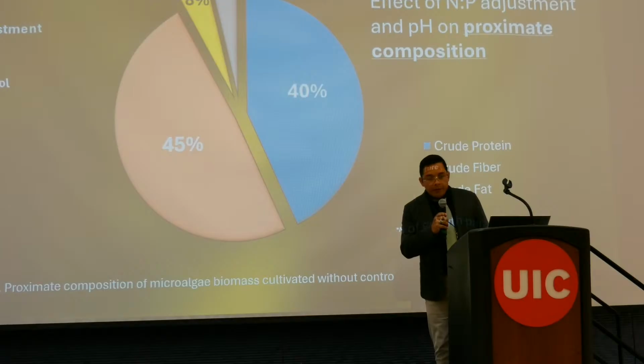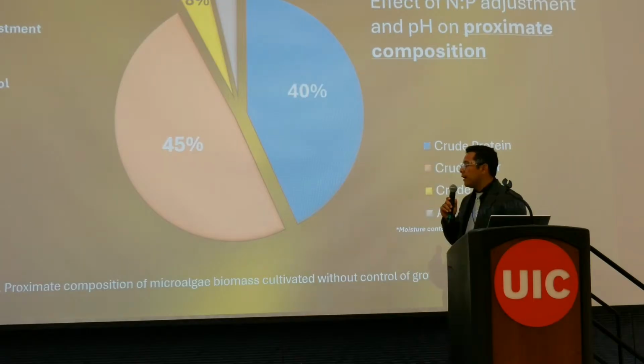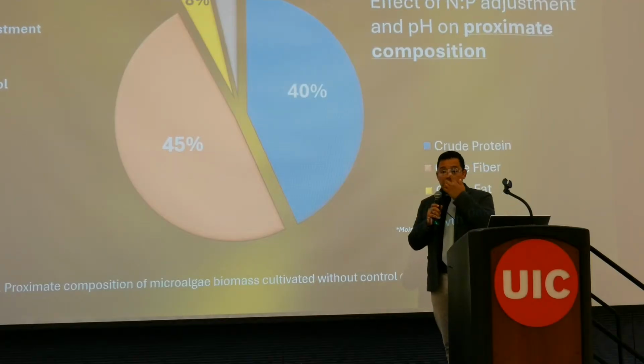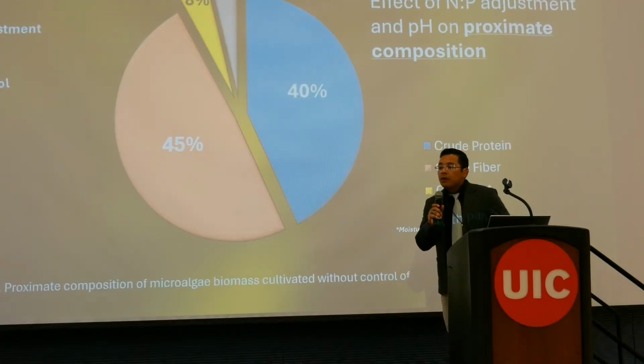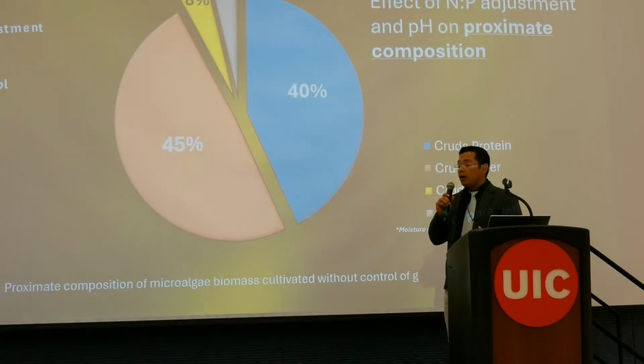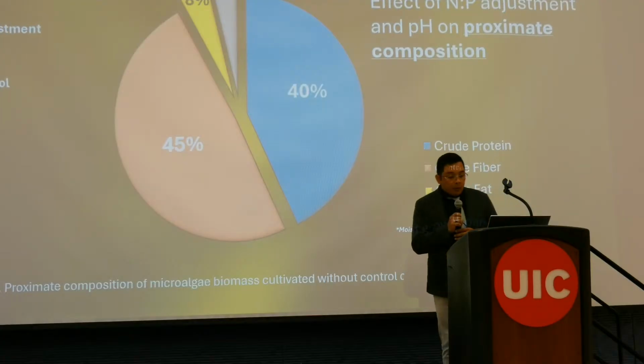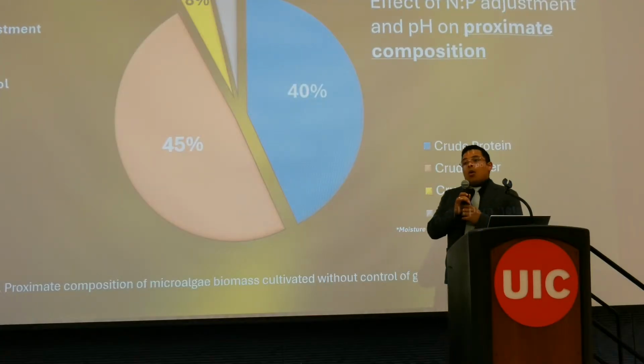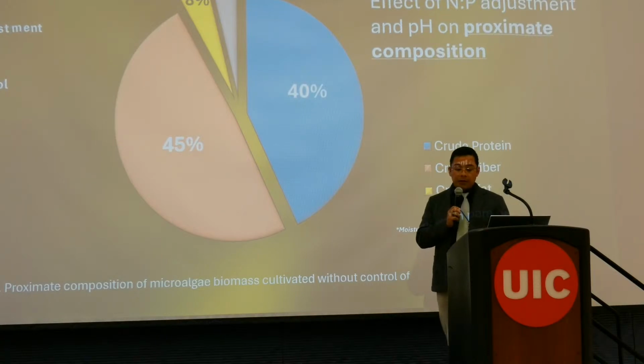However, the fiber content was really high. So it was really difficult. A lot of fiber in the biomass. So what we did is we reduced the fiber content of the biomass.